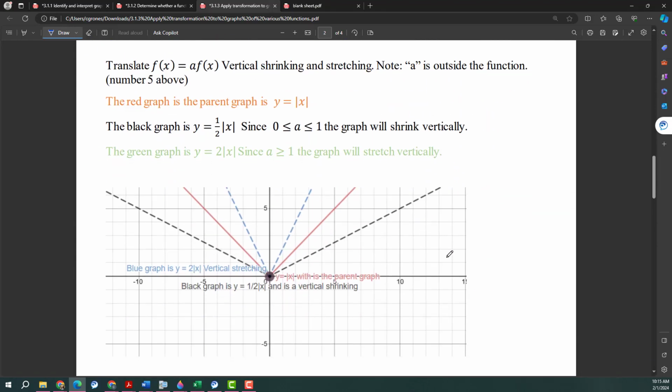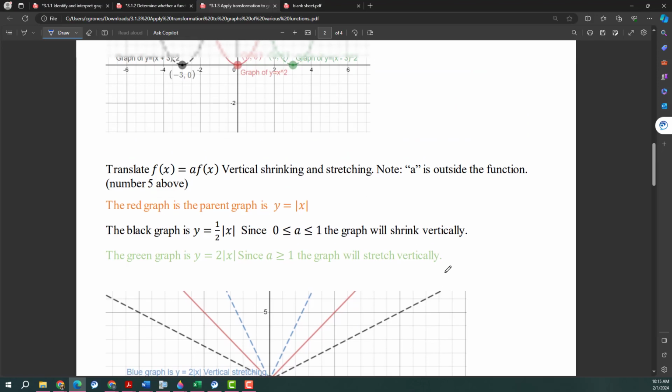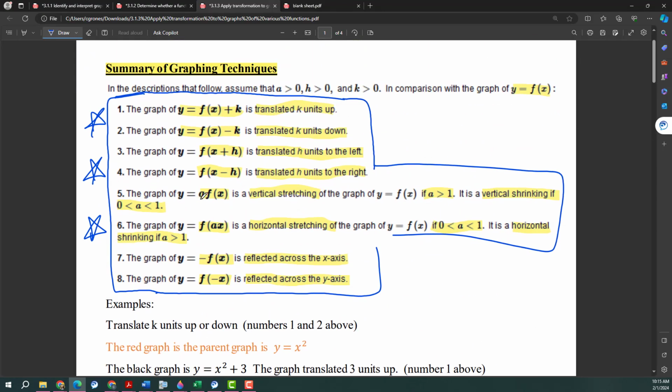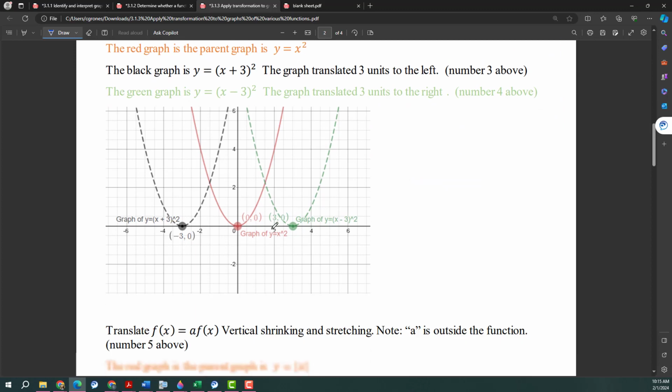So let's look at what they're giving us. In this case, we're looking at 1/2 times the absolute value of x. So a is going to be between 0 and 1. If we look at our rules, we are looking at this one right here, and since a is between 0 and 1, we're looking at a vertical shrinking.